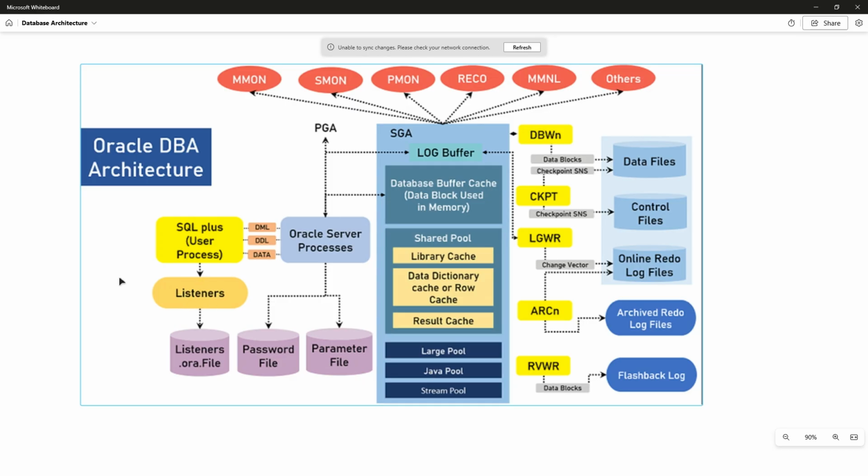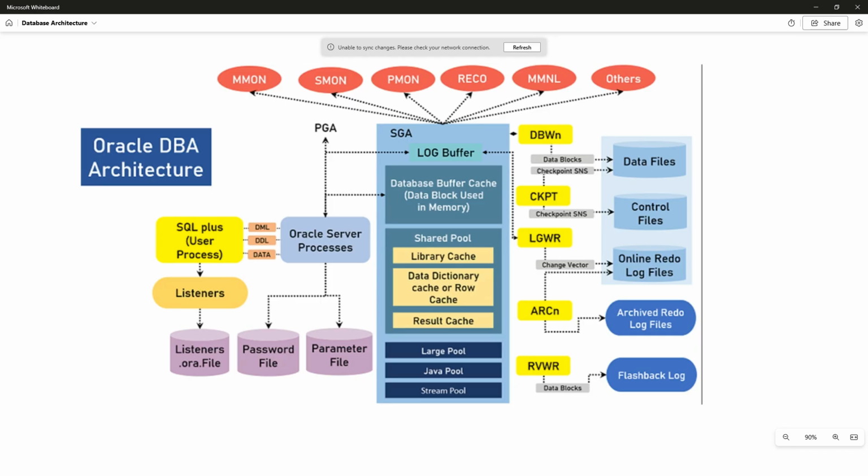The listener will have the basic network information, the SID information, your system instance ID, and the database information. Then it will validate and give it to the Oracle server process. So that is the user process.